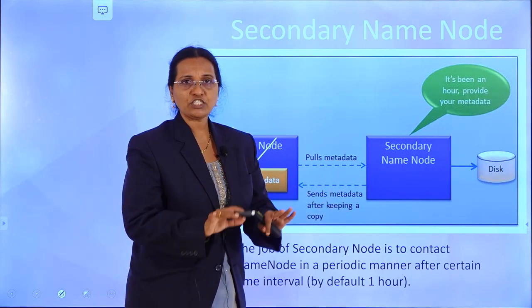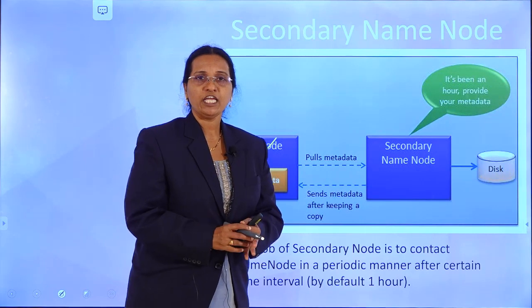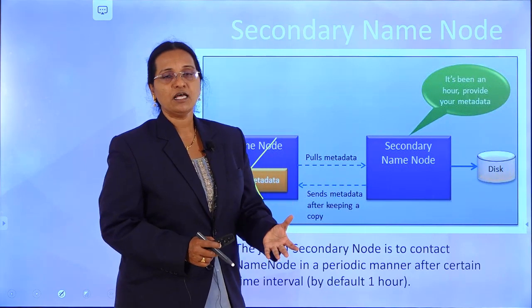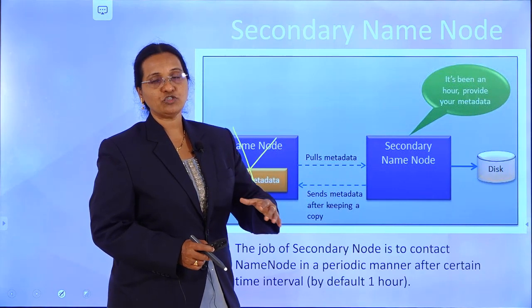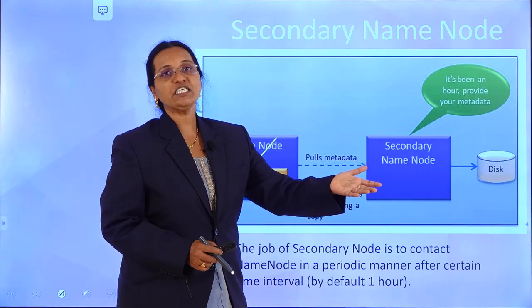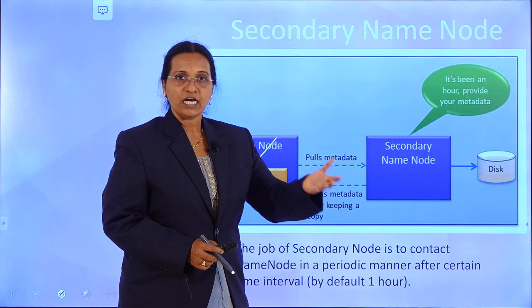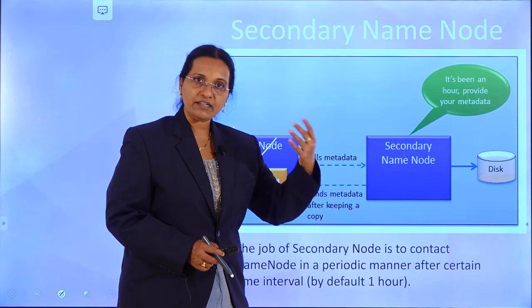Because if slave nodes are not working, there will be fault tolerance immediately, and whatever job was done by the slave node will be allotted to another node that is idle, and the same replicas will be maintained there also.